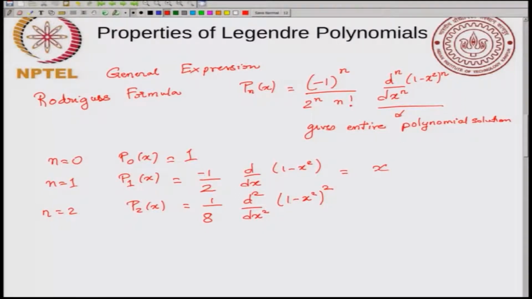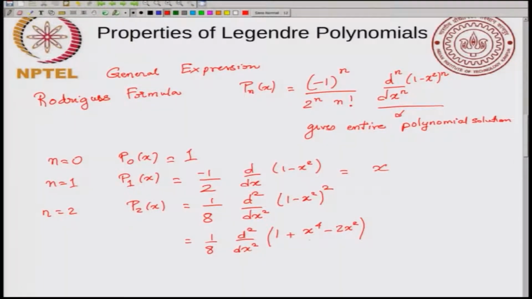Again you can work out the second derivative. This will have 3 terms, it will have an x power 4. So, I will just write this directly: 1 over 8 d square by dx square of 1 plus x raised to 4 minus 2 x square. And when you take 2 derivatives of x raised to 4, you will get 4 into 3 into x power 2.